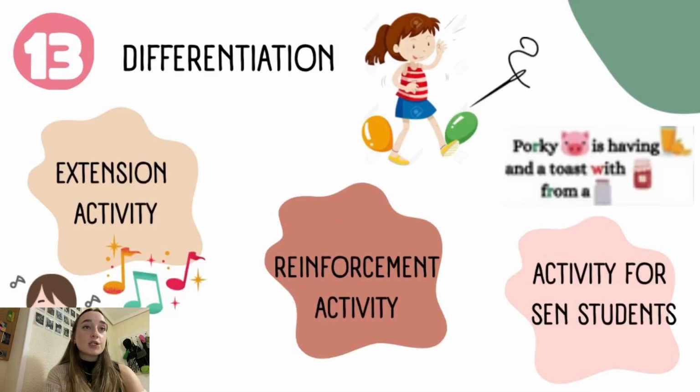For the extension activity, for students who have finished the activities earlier, they should use their tablets to listen to the review songs. And if there is more than one student who has finished, they should pair up and sing the song together.